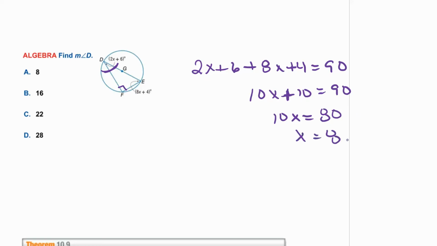So x equals 8. So the measure of angle D would be 2 times 8 plus 6, which would give us 22.